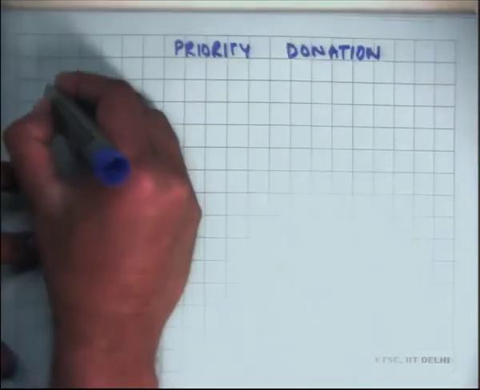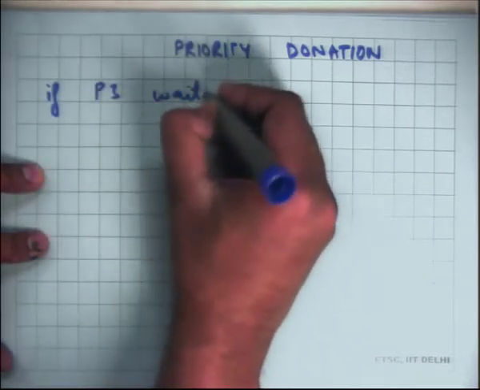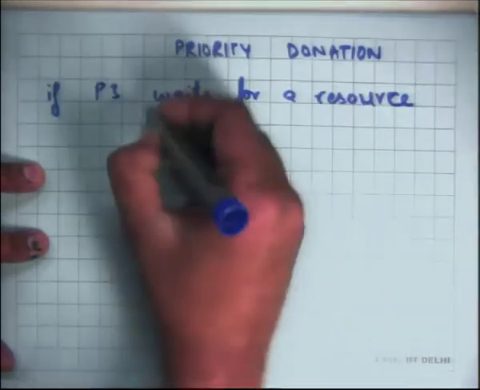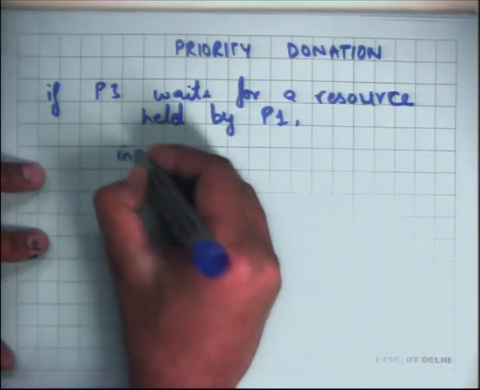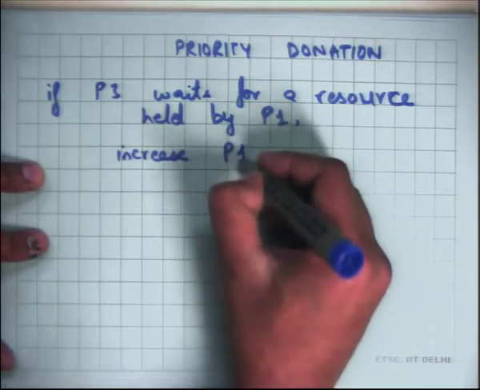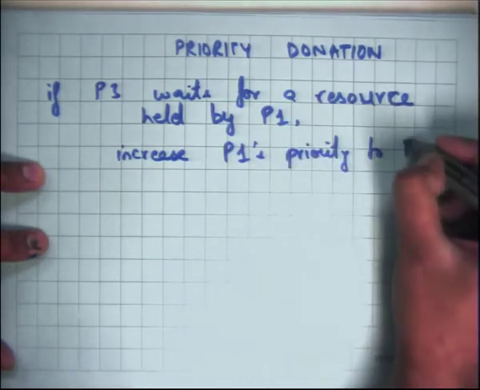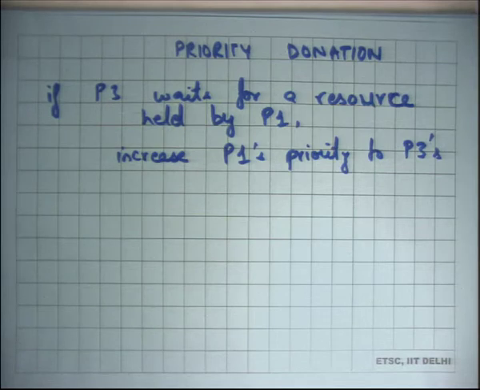It says if P3 waits for a resource held by P1, increase P1's priority to P3's, right? And so you could solve this priority inversion problem by using priority donation.